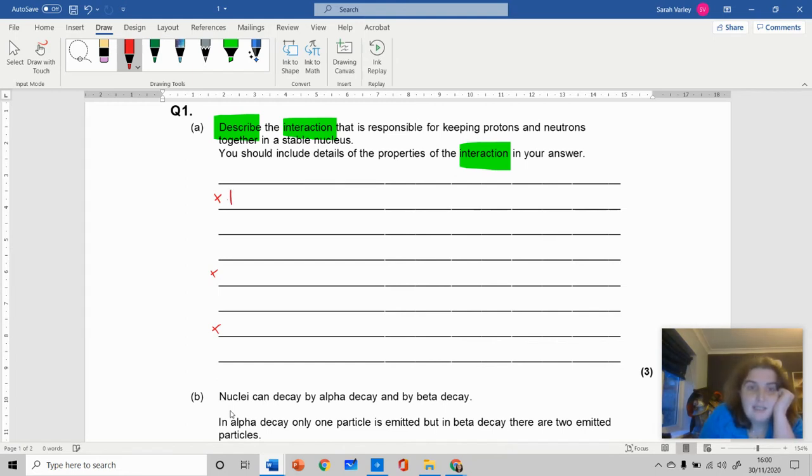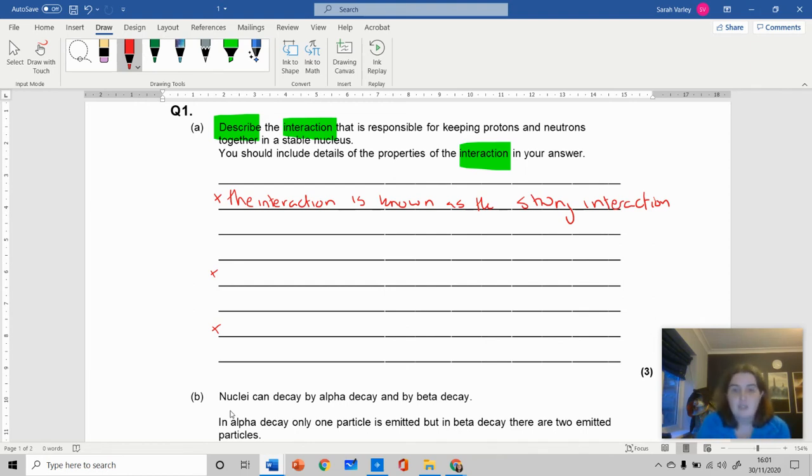This interaction is known as the strong interaction, okay? Because it's only to deal with hadrons. We're not dealing with leptons, sorry, we can be dealing with mesons, but we are dealing with just hadrons here, okay? You should include details about the properties of your interaction.